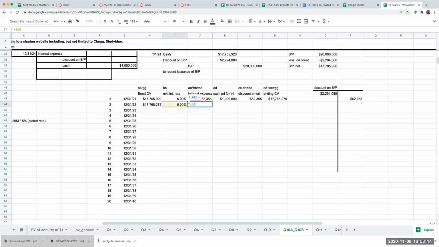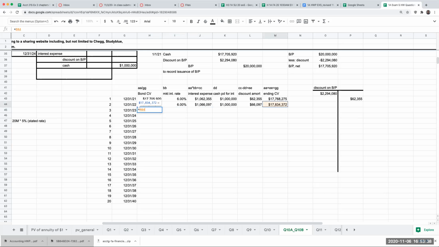My interest expense is going to be $1,066,000. The cash paid for interest never changes. And so my discount amortization is going to be $66,097. My ending carrying value, just follow the formula, is going to be this plus this over here. It's going to be higher.